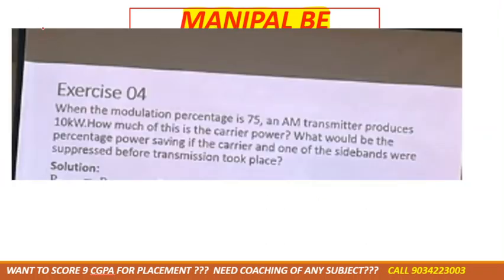Next question, again this is also an important one. They said when the modulation percentage is 75. This is also based on AM. Modulation percentage is 75 means m is equal to 75%. Correct?